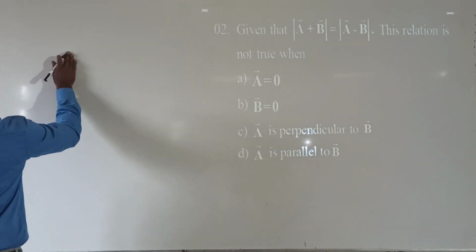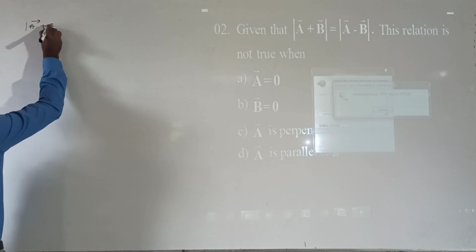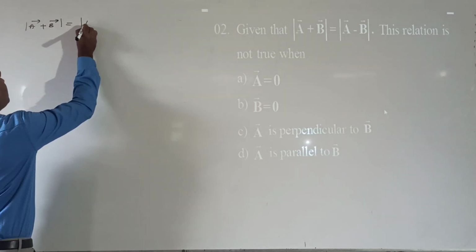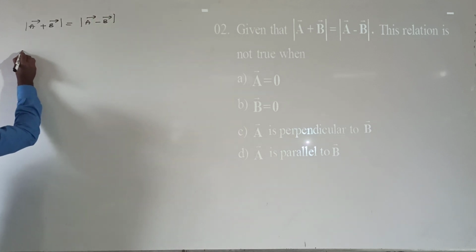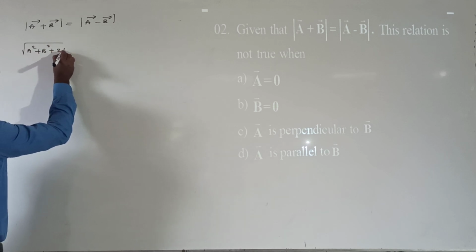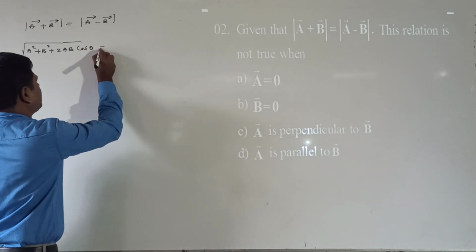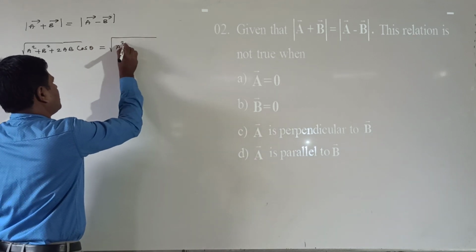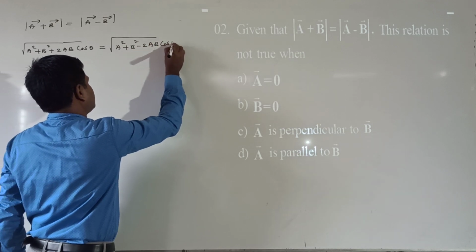From the relation, mod a bar plus b bar is equal to mod a bar minus b bar. Now we are writing this as under root of a square plus b square plus 2ab cos theta is equal to under root of a square plus b square minus 2ab cos theta.